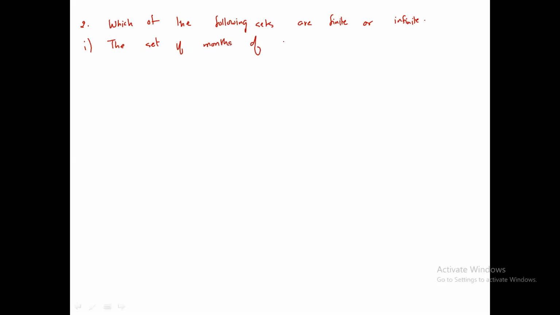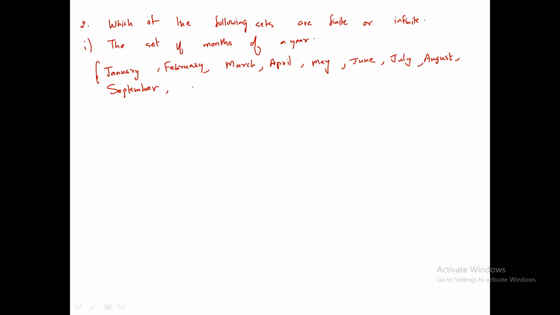months of a year. If you have to write the months of a year, you will start from January, February, March, April, May, June, July, August, September, October, November, December.